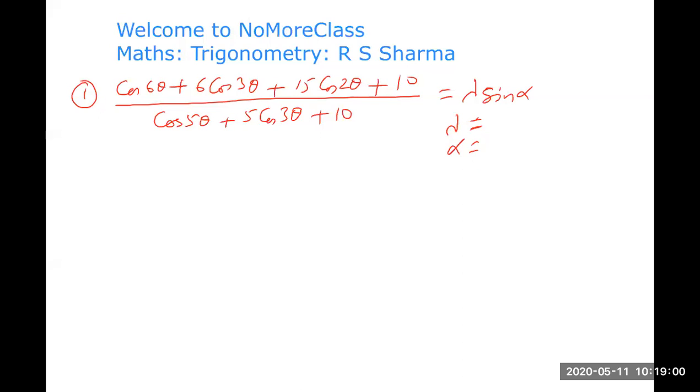Okay. So what is the value of lambda and alpha you are getting? Anybody solved? So this question, what you have to do? You have to rearrange the terms in the numerator.